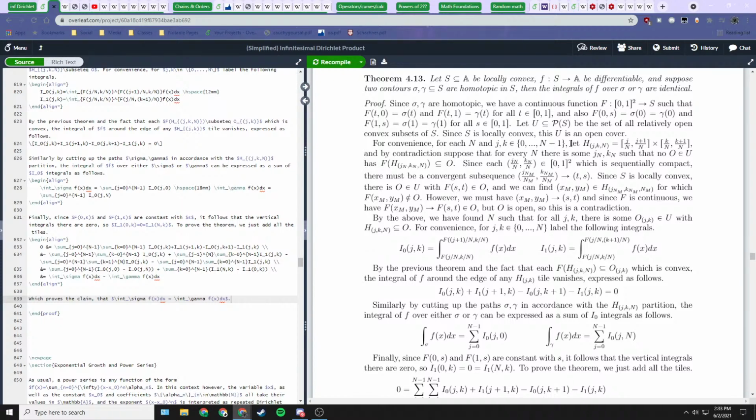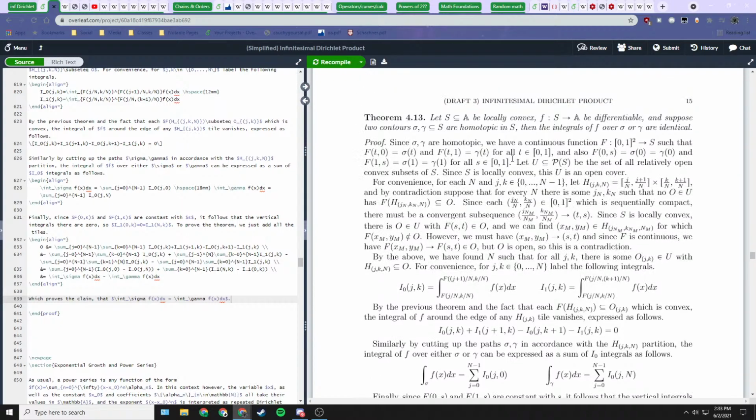What we do is we want to cut up our square for our homotopy F small enough so that all of these paths are within one single convex set in U.